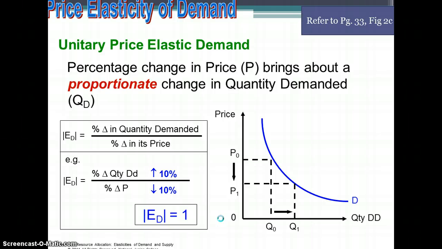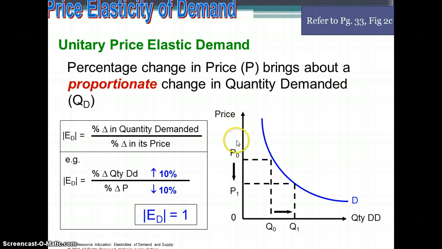So this is the third case, a unitary price elastic demand, whereby when the price decreases by 10%, the quantity demanded will increase by 10% as well. So the absolute value of price elasticity of demand is equal to 1.